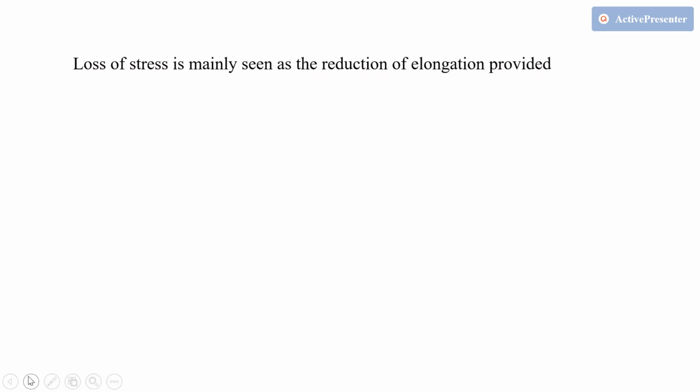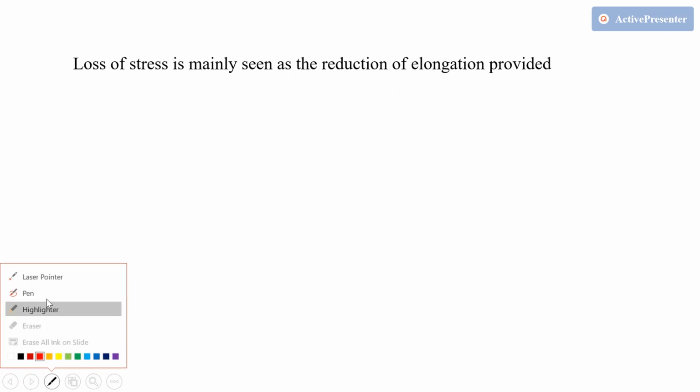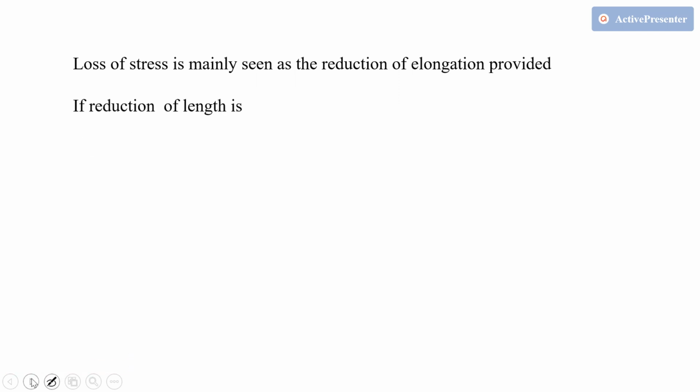So you can see here the loss is mainly seen as the reduction of the elongation. If I write, the reduction of length is delta L. If I am taking this as delta L, then the loss in pre-stress is delta L by L into ES. This delta L by L is the strain.